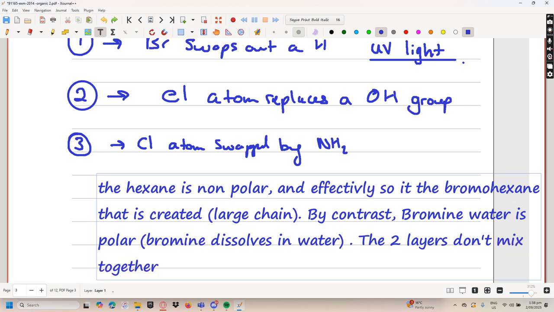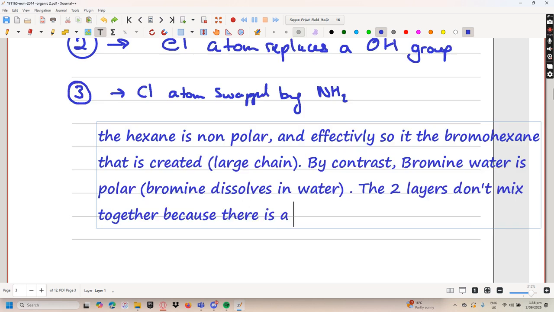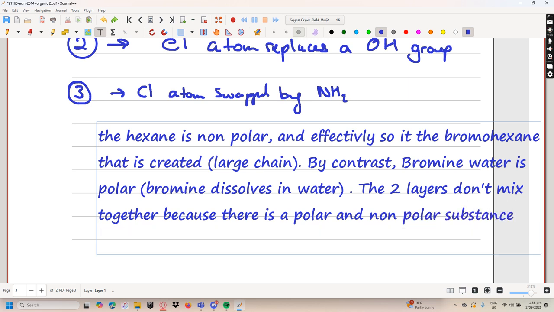Now the reasoning why that is, okay, how do I put this? Typically the answer is just the layers don't mix together because there is a polar and non-polar substance present.